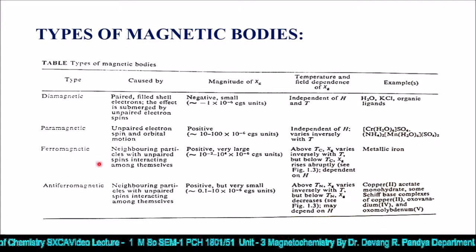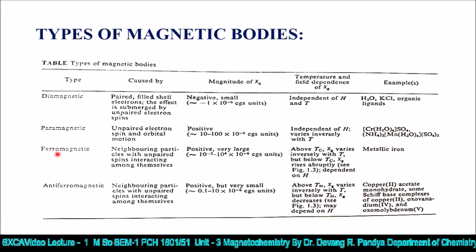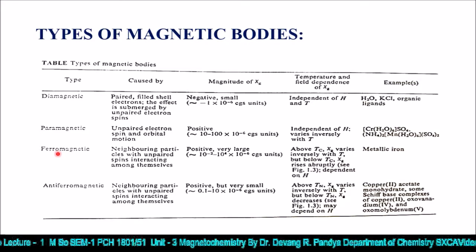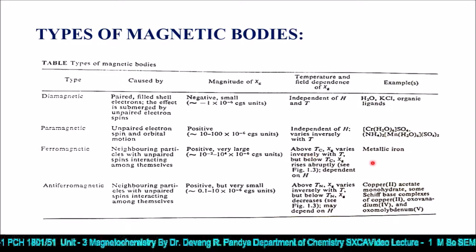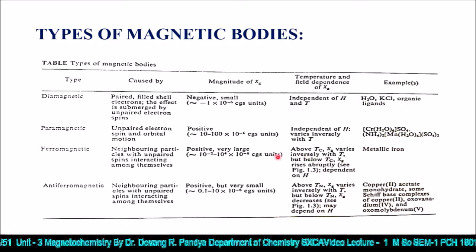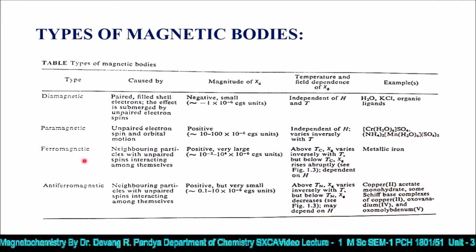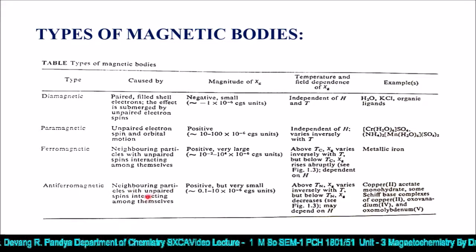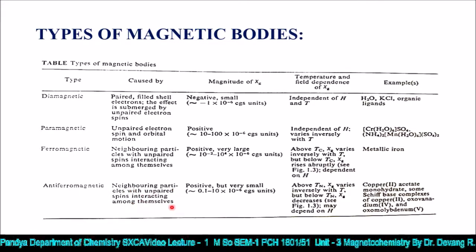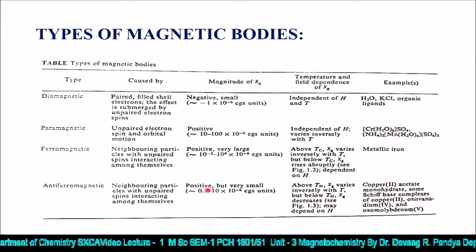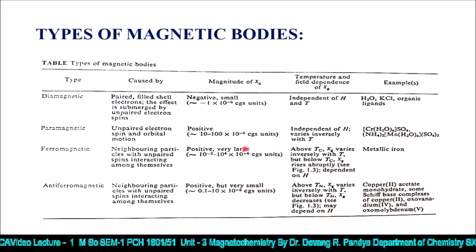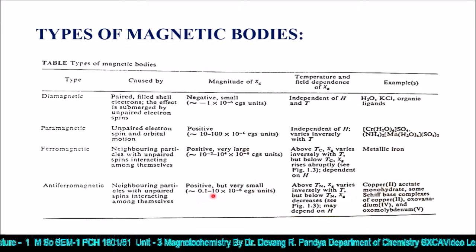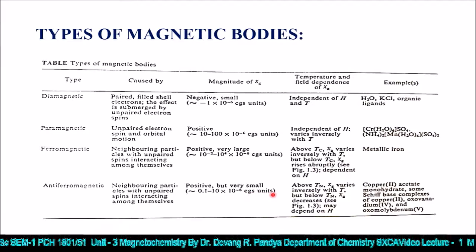Now antiferromagnetic: if we put a ferromagnetic material at high temperature, the magnetic behavior decreases. That is the Curie temperature for ferromagnetic material. Now antiferromagnetic material: neighboring particles with unpaired spin interacting among themselves. The value of gram magnetic susceptibility is positive but very small, not very large, between 0.1 to 10 × 10^-6 CGS unit.